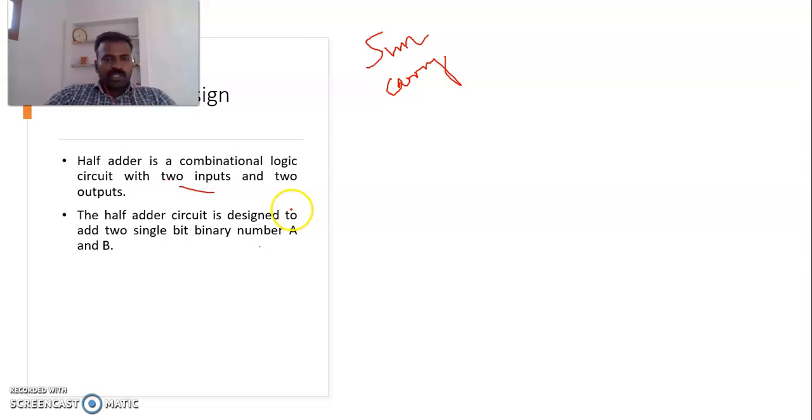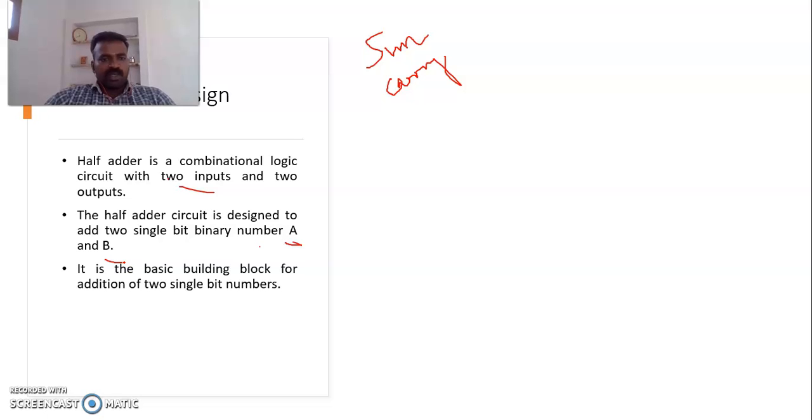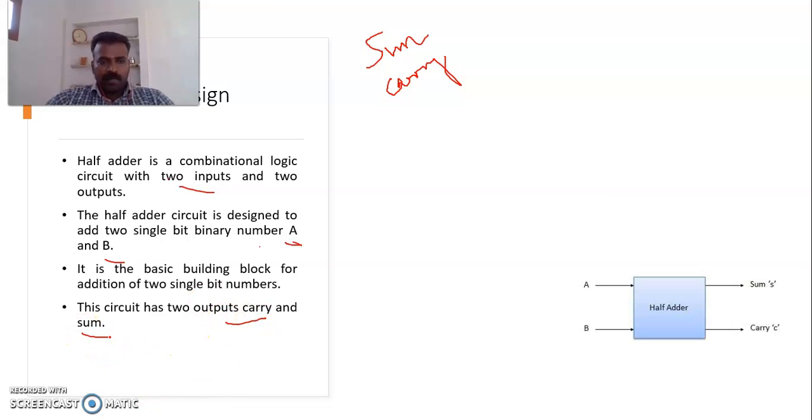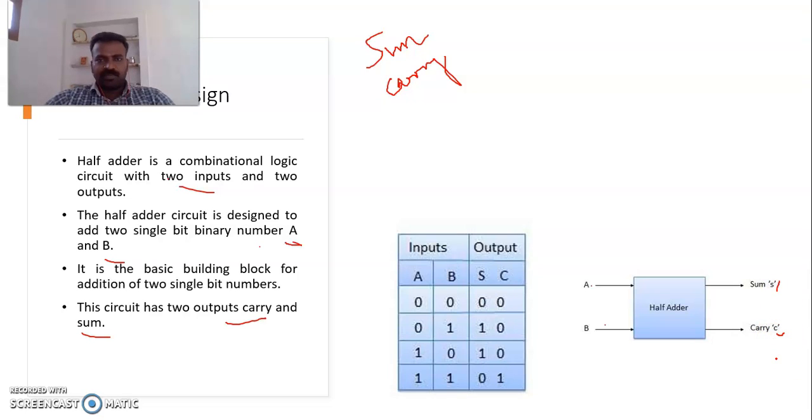The half adder circuit is designed to add two single bit binary numbers A and B. Yes, A and B are inputs. It is the basic building block for addition of two single bit numbers. Yes. And it has two outputs, carry and sum. And this is the block diagram for half adder. Two inputs A and B, sum is an output and carry is an output. Sum is represented as S, carry is represented as C.